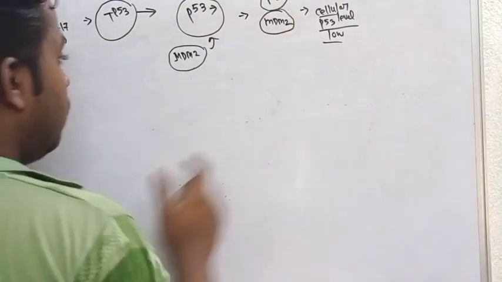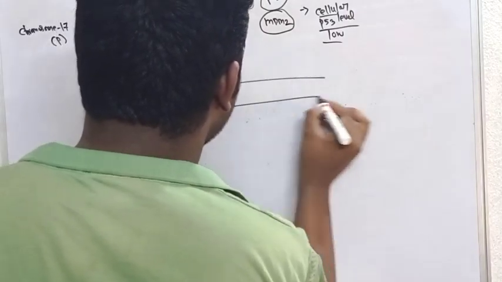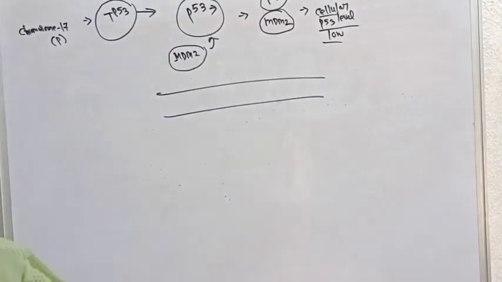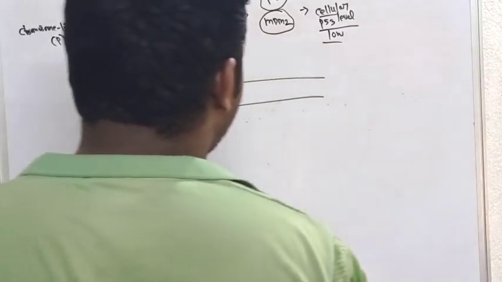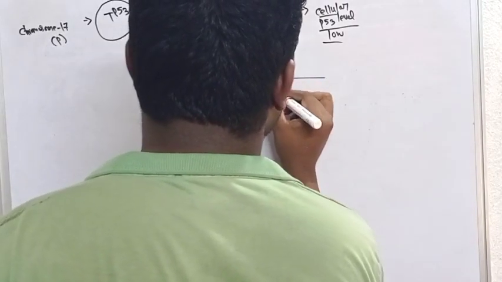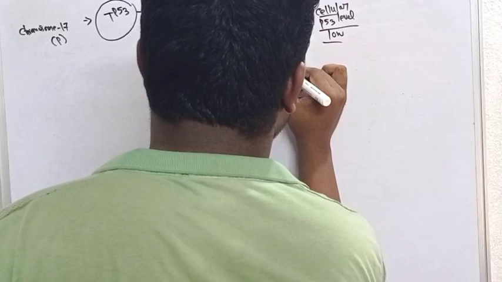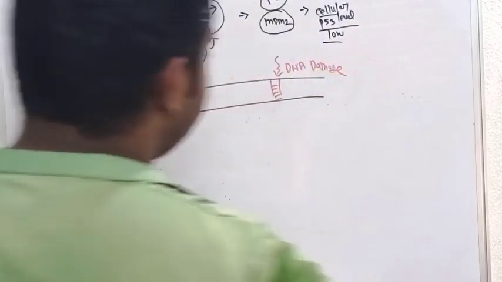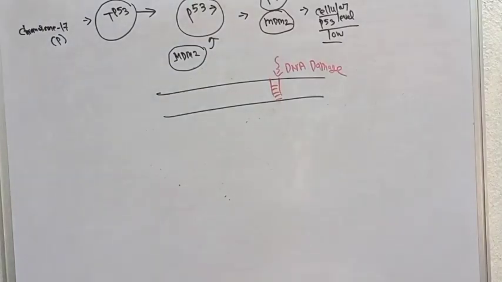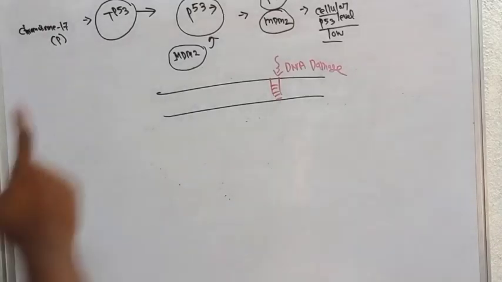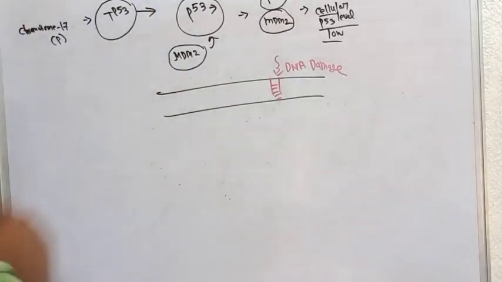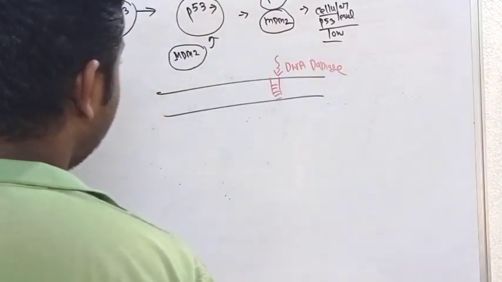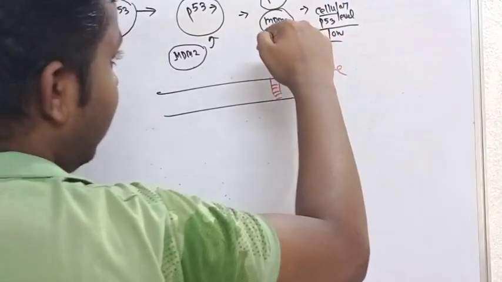Normally this occurs, but if there is damage in the DNA, any kind of stimulus or agent which damages the DNA, it activates P53. How is this possible?